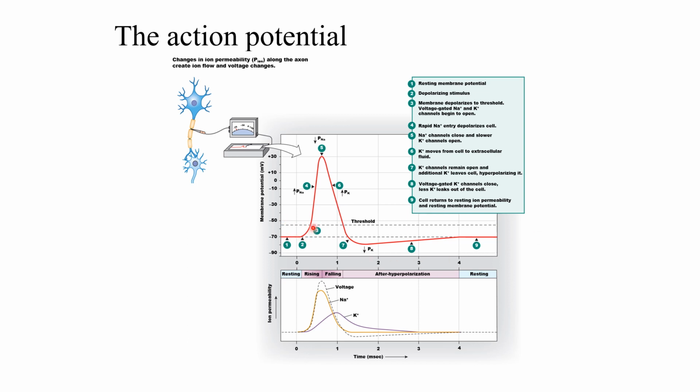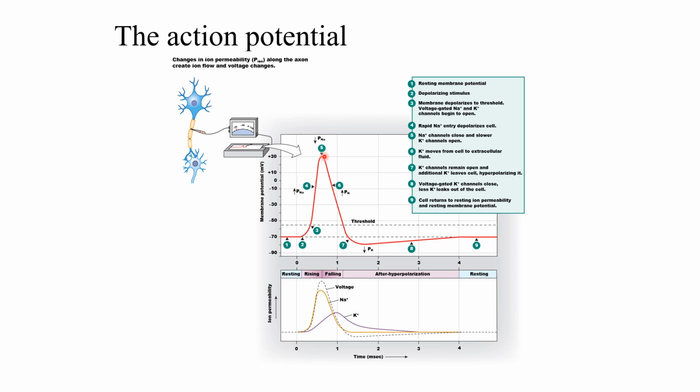So you must hit the threshold first. Once the threshold is hit, an action potential is triggered. Sodium channels open up. Sodium starts rushing inside of the cell, depolarizing the cell to around positive 30.